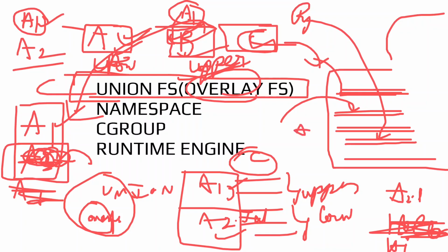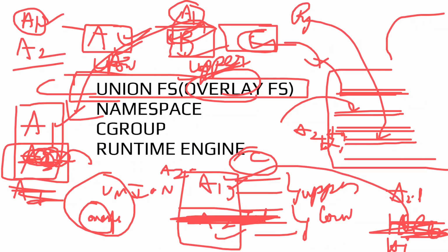Now A2.txt has just hi. Technically, the lower one is not deleted or modified; rather, a copy of A2 with the modified content is added to the upper. Any changes you make on the lower file just keep getting written to the upper.